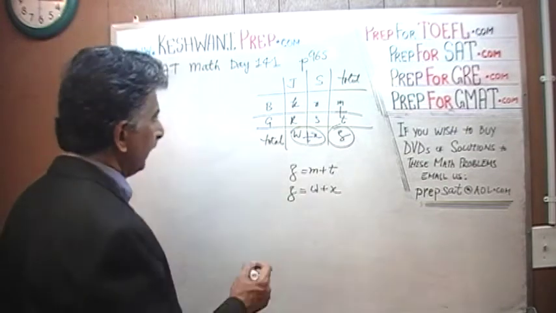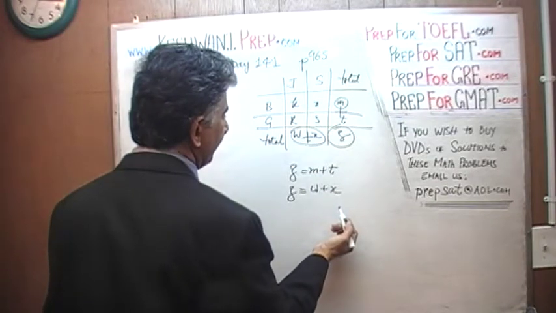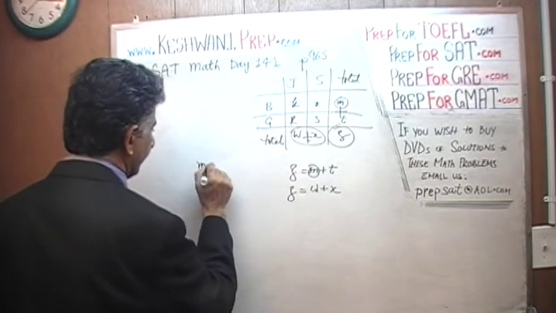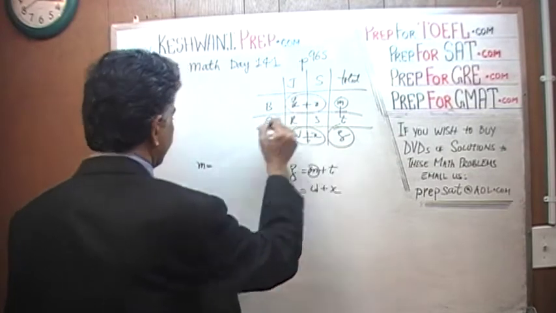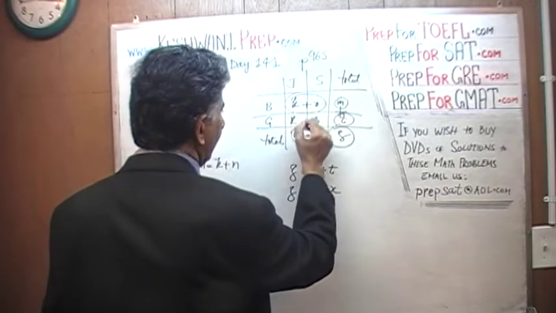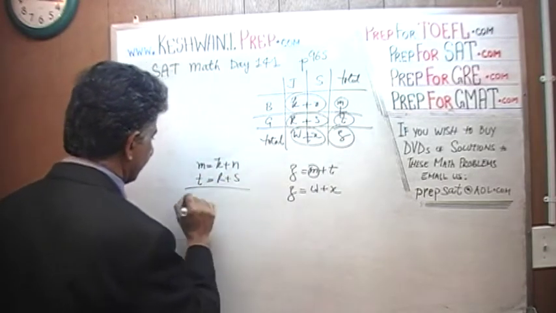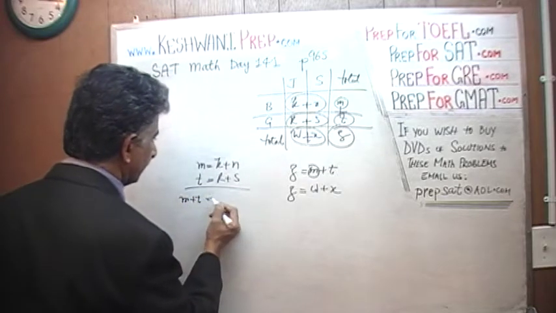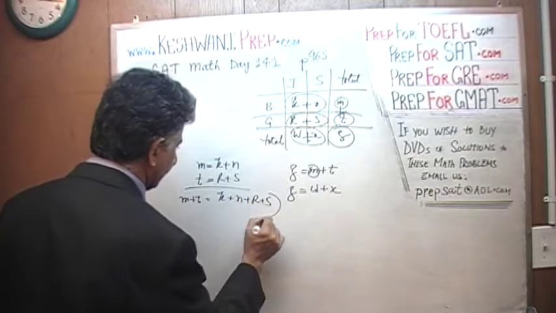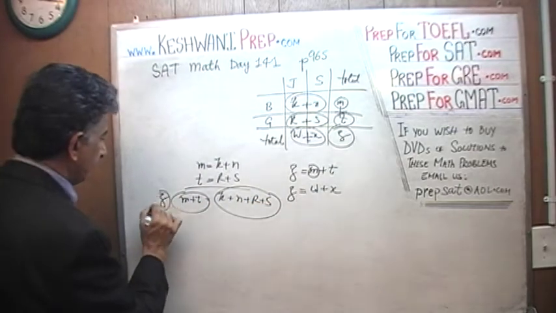The second thing that we realize is that this M that we see here, M itself equals K plus N. M equals K plus N. And T that we see here equals R plus S. Therefore M plus T equals K plus N plus R plus S. And this M plus T is what equals Z, right here.